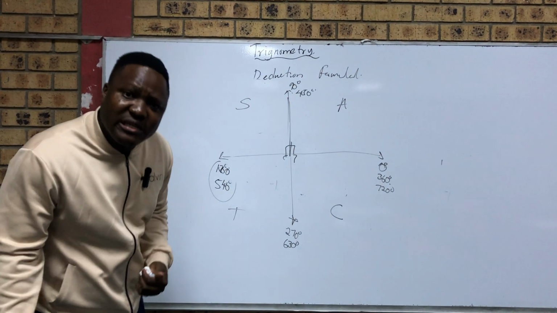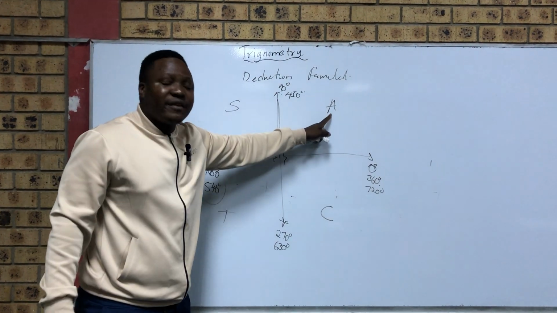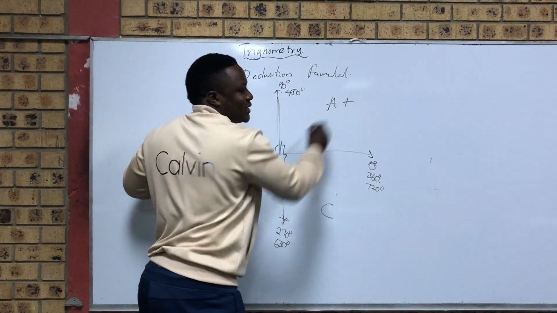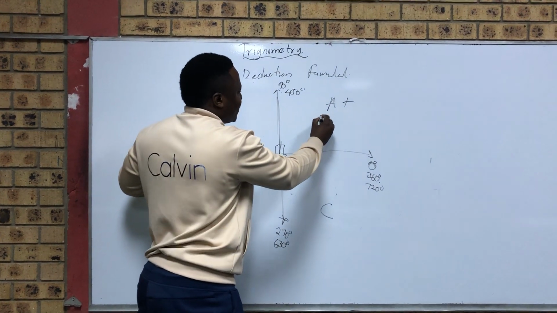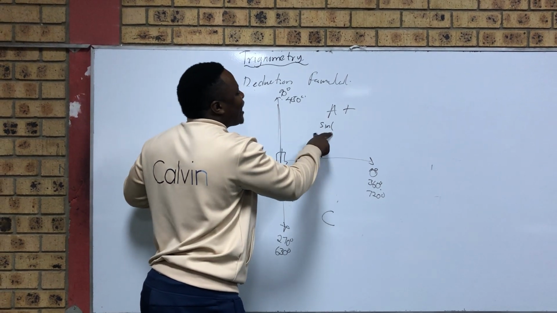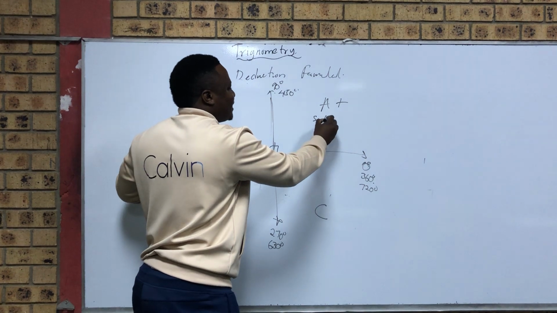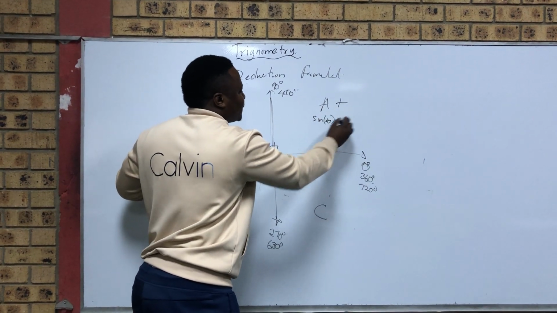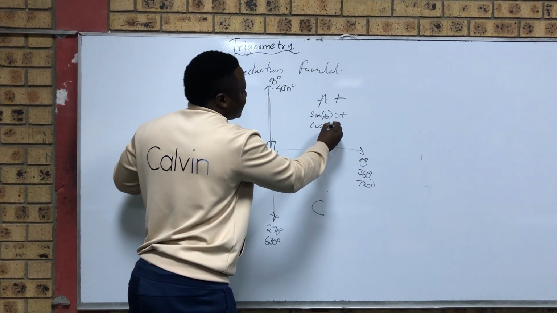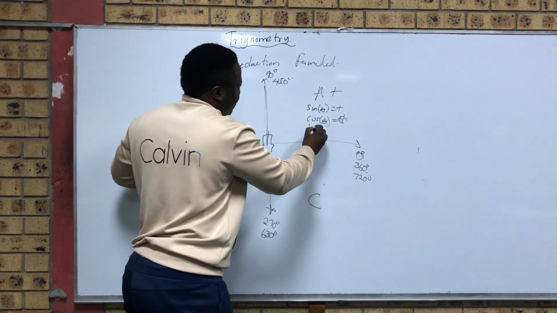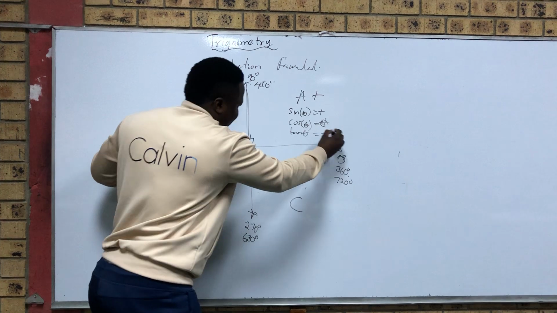What does this mean? It means that all trig functions in the first quadrant are positive, which means sine of any angle less than 90 is positive, cos of any angle less than 90 is positive, and tan is positive.